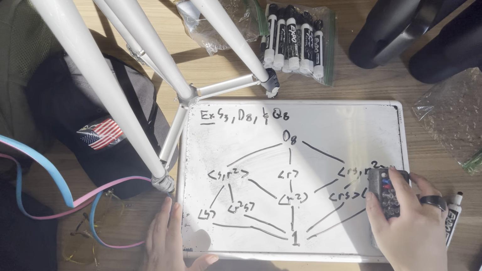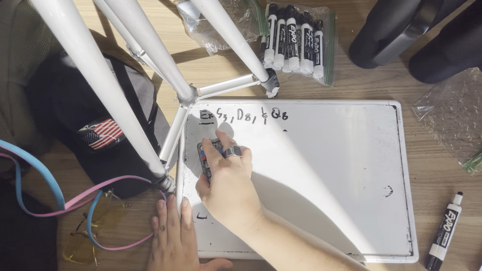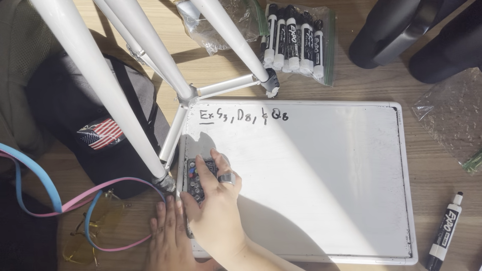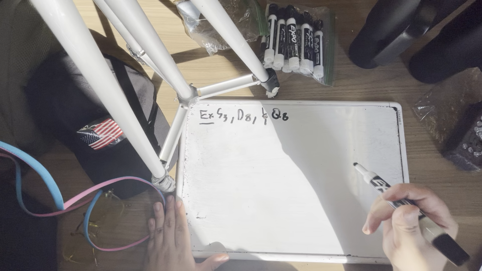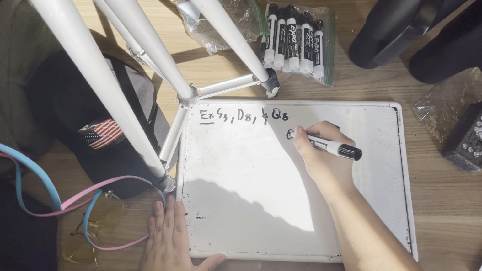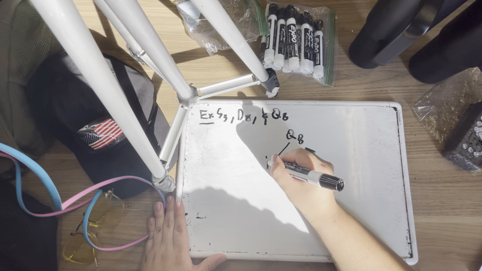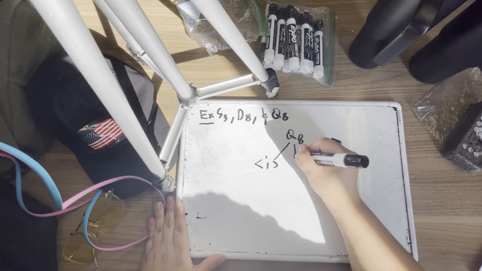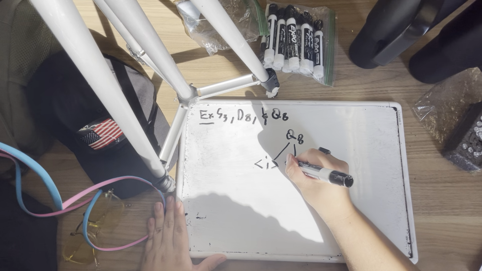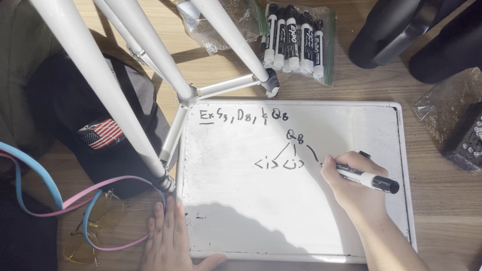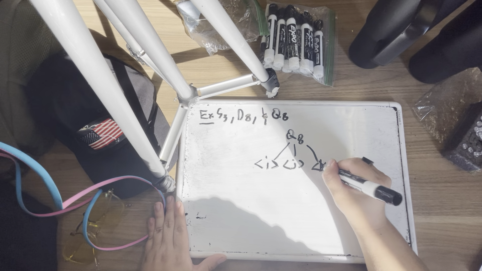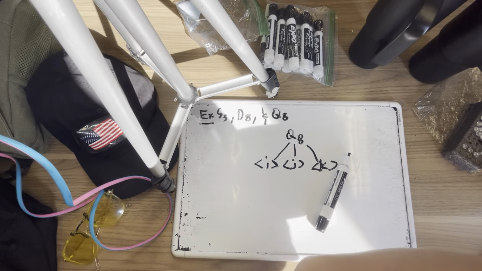The dihedral groups in general are my favorite because they're just pretty to look at. Now, let's look at the quaternion group. For the quaternion group, we have, of course, the subgroup generated by I, the subgroup generated by J, the subgroup generated by K. Let's see, am I saying this right?